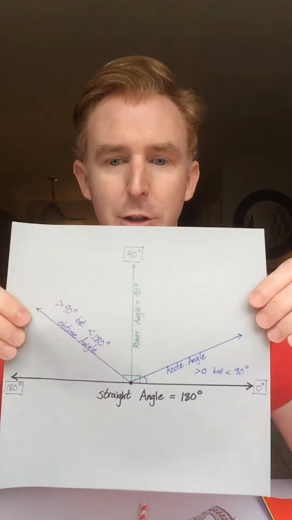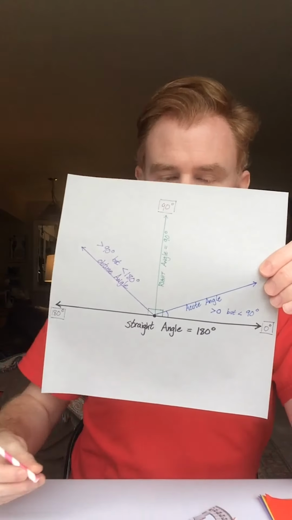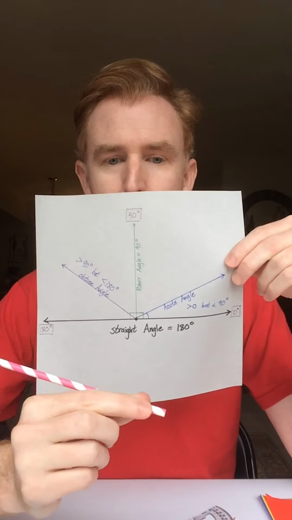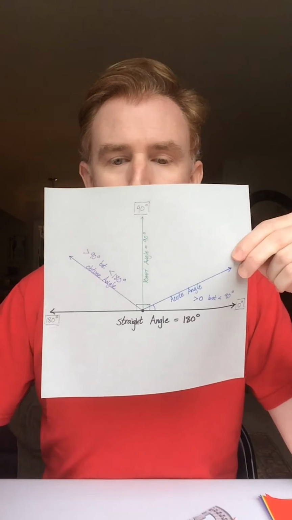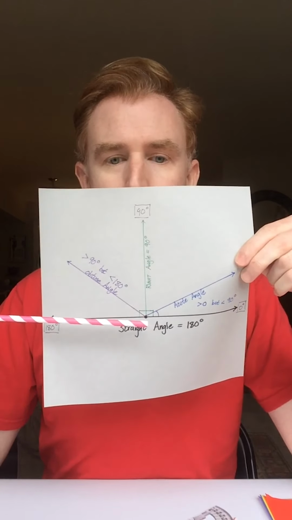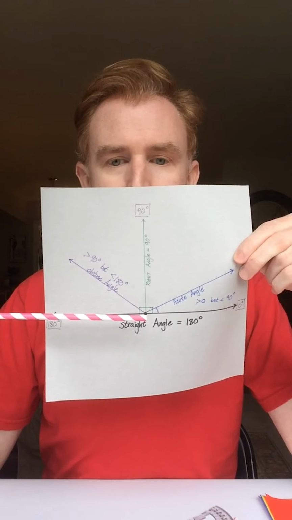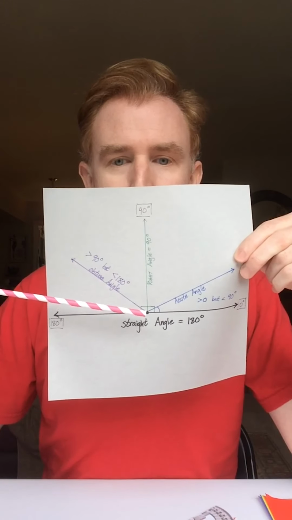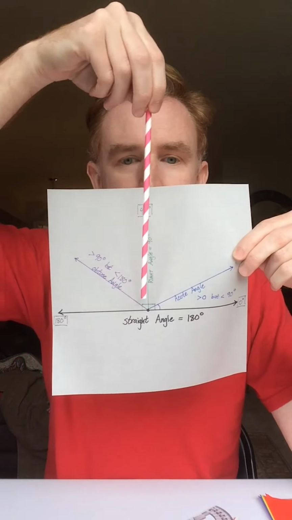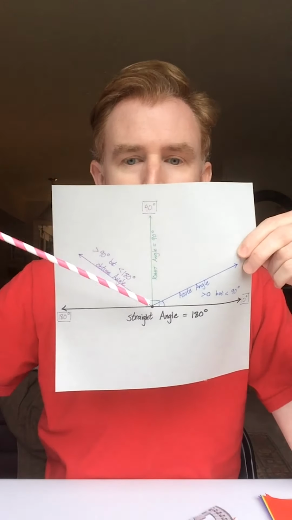And I drew a handy-dandy reference so that we can see all of them together. So a straight angle you have right at 180 degrees, and anything greater than 0 but not quite to 90, we have our acute angle.